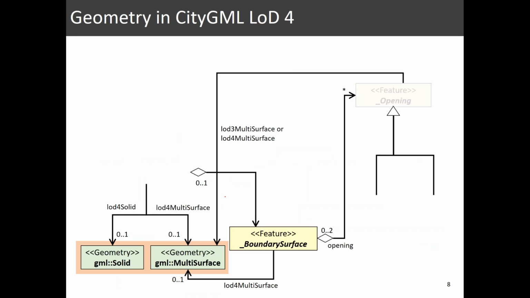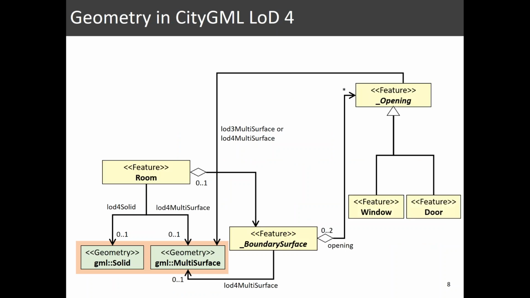And the geometric type of CityGML for LoD4 is a solid and multi-surface. The feature types in indoor space which can have a geometry are only room and boundary surface and opening.